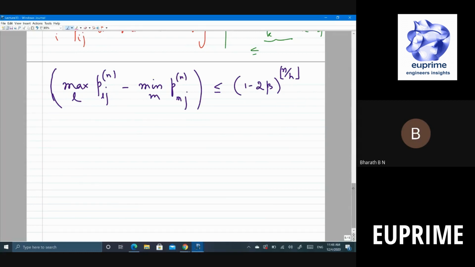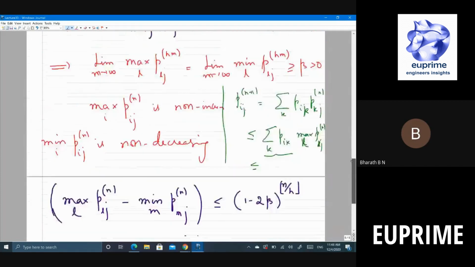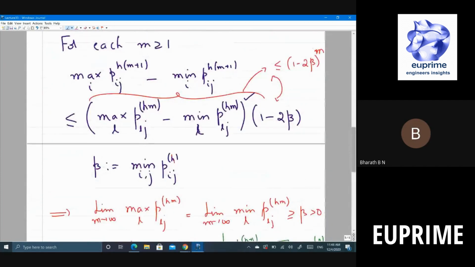Why do you think this is true? What is happening is that this is going down as 1 minus 2 beta to the power m. Suppose I want it in terms of n.